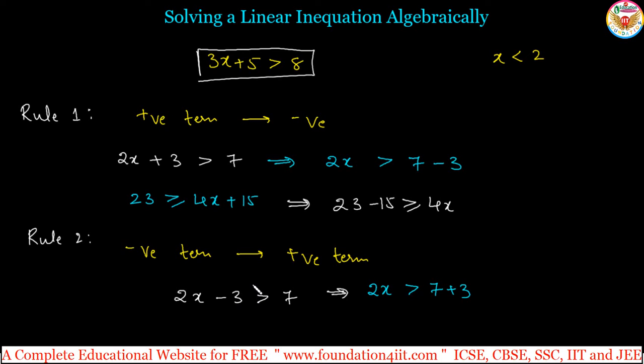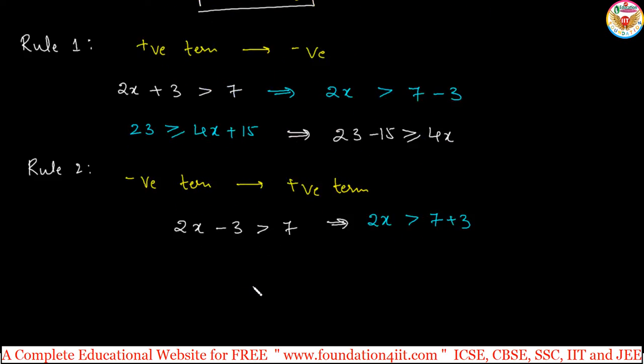And next 3 and 4, a total of 6 rules I'll explain in this so that you can remember easily how to solve. Then we come to rule 3. If each term of the inequation is multiplied or divided, let us take, for example, x is less than or equal to 6.